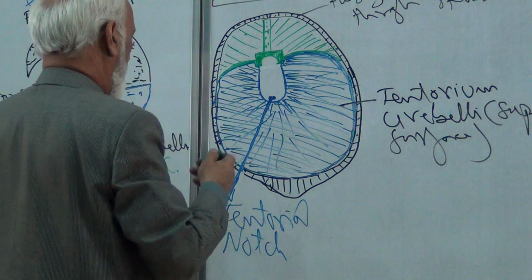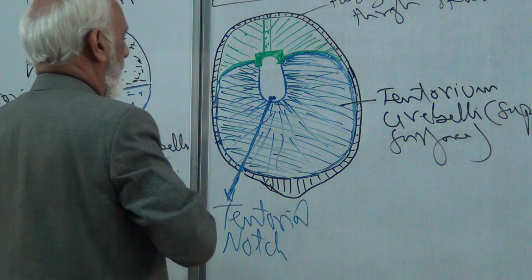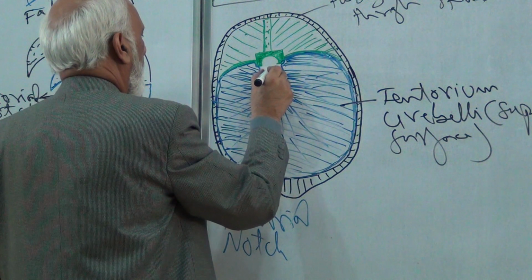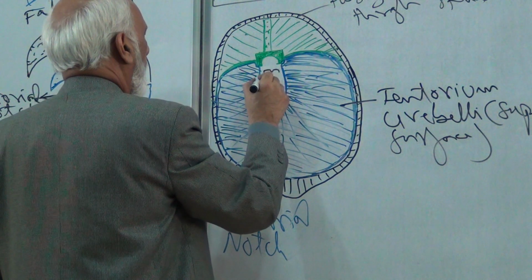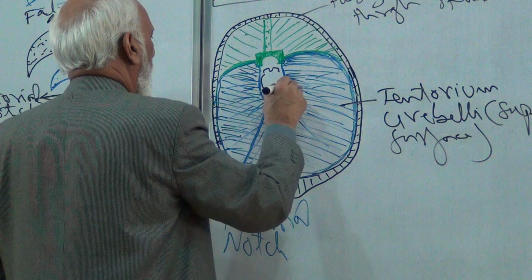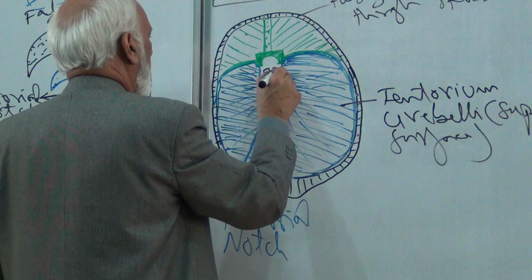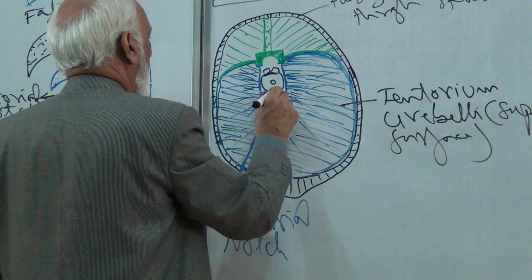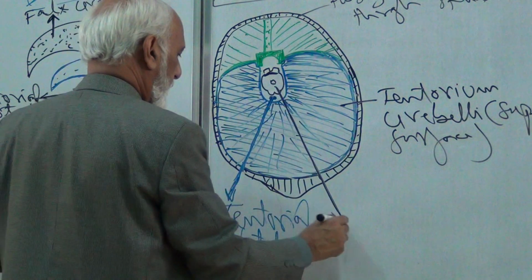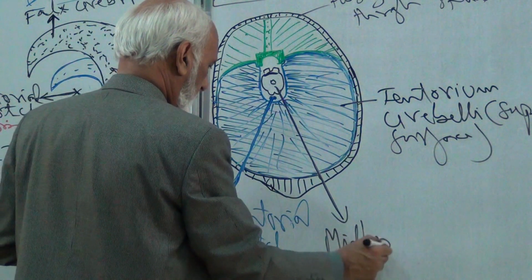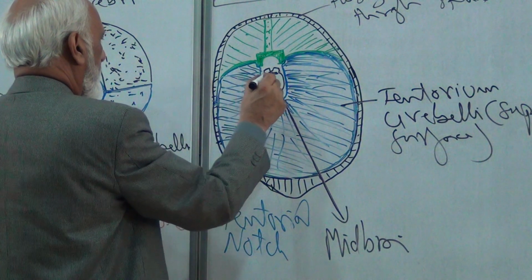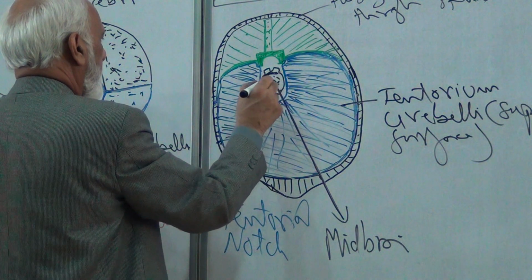Now through it passes the midbrain. The midbrain connects the forebrain with the hindbrain.